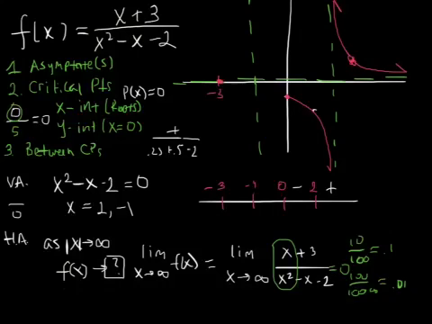And so minus 2 is going to outweigh it, and I'm going to have a positive over a negative, which is going to be a negative. So again, I'm going to be negative down here, and so I can't cross the x-axis again. That's really the key point here, is once I've found all of my roots, I know that I can't cross the x-axis again. Okay? And we're almost there.